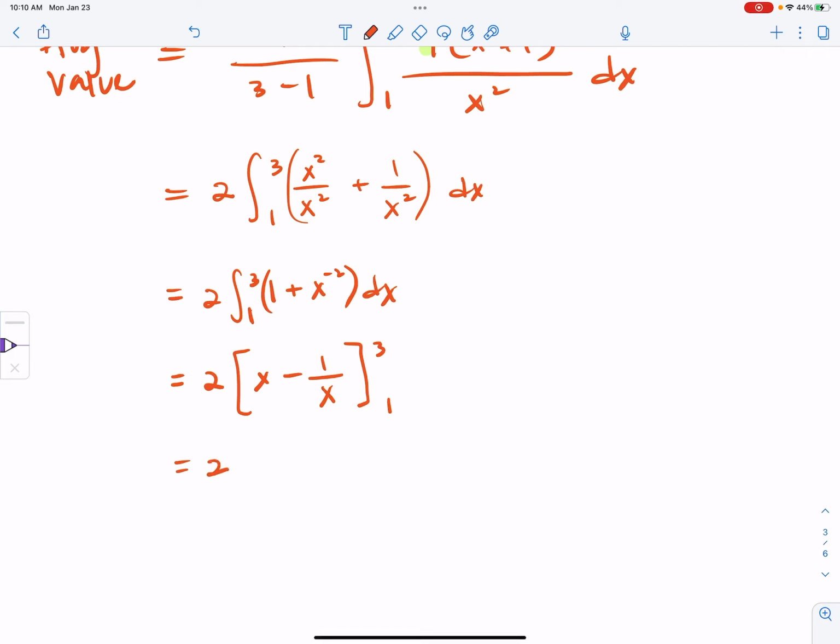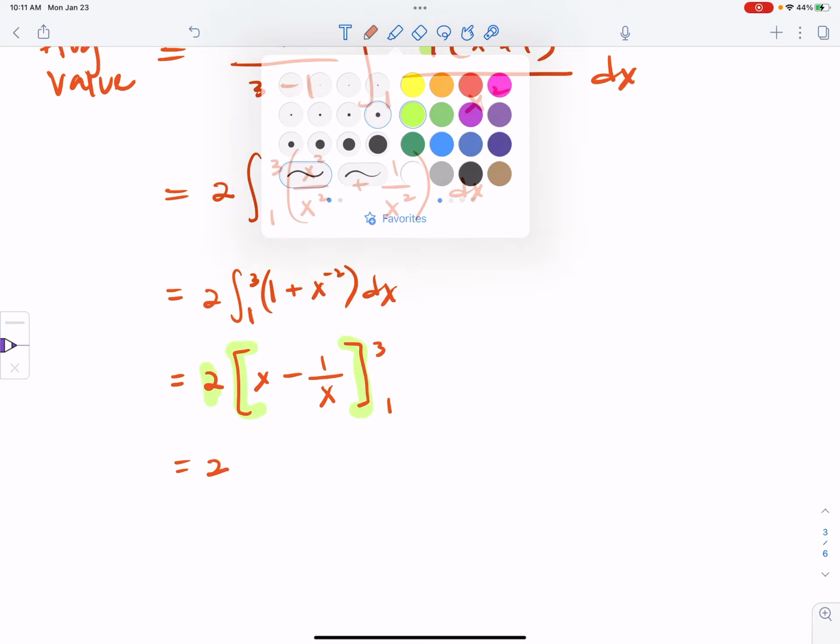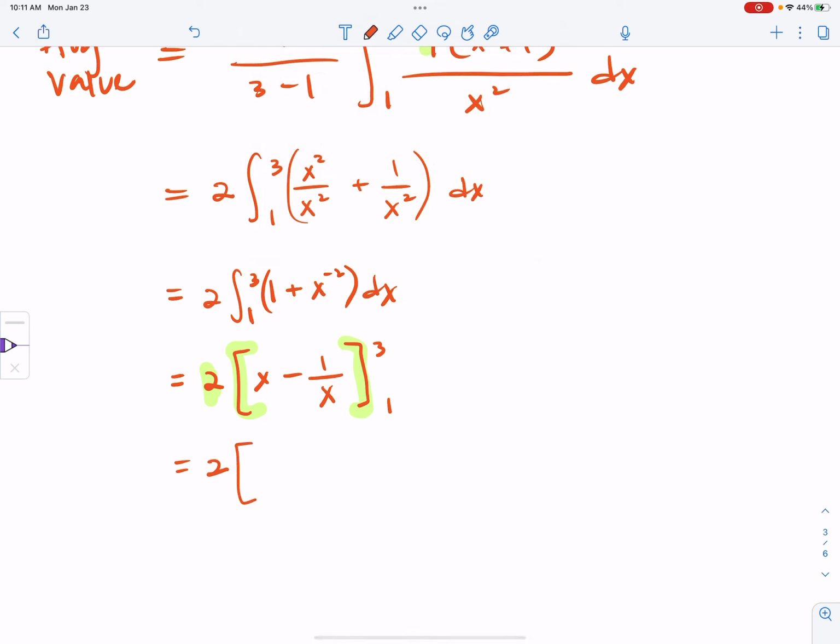And this is why I like to use the bracket notation here, is that I can keep this 2 outside the bracket. So it's going to be 2 times f of b minus f of a. So that'll be 3 minus 1/3 minus 1 minus 1.